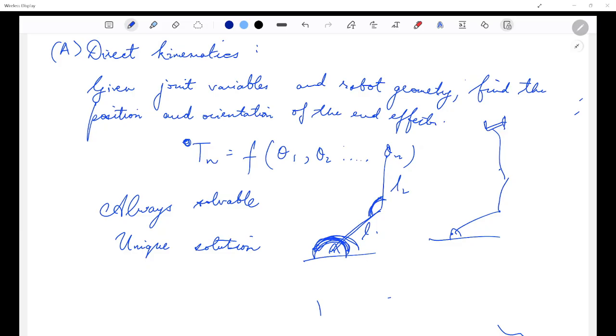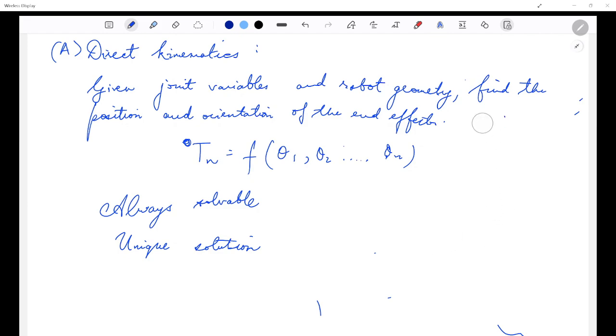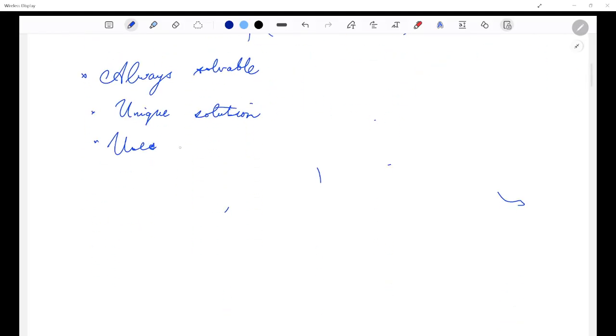But the thing is you'll always have a unique solution provided you decide the joint variables, right? Your end effector position will always be defined. This does not happen in the case of inverse kinematics, and I'll come to that in a while. It uses matrix multiplication only.